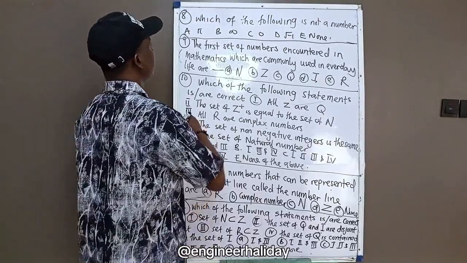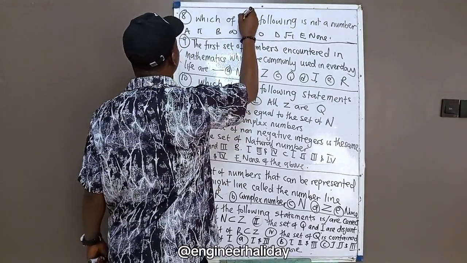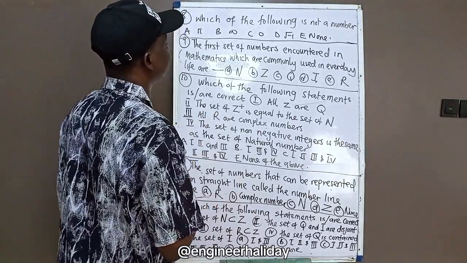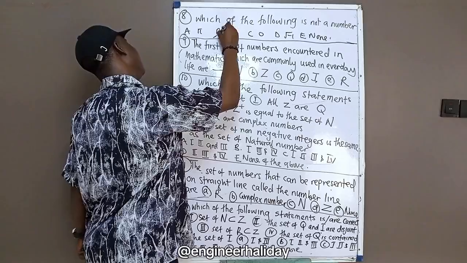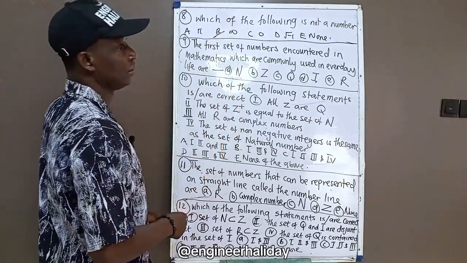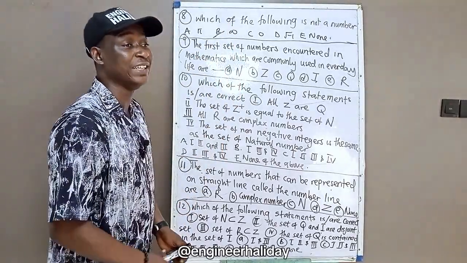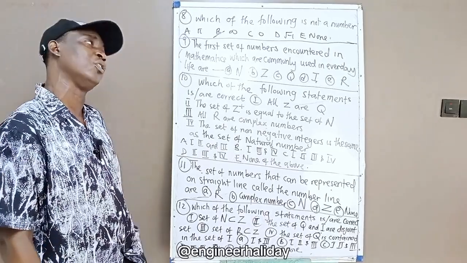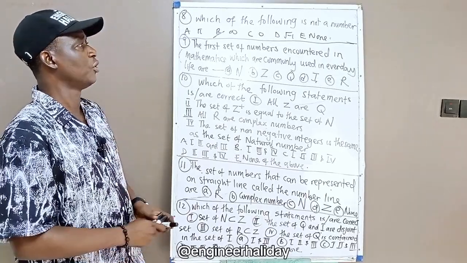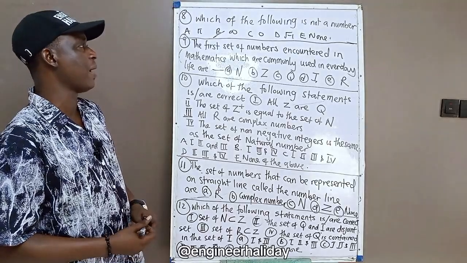Continue with question 8. Now, it says, which of the following is not a number? Yes, infinity is not a number. If somebody gives you infinity, what value is that? You cannot say. Infinity is not a number.